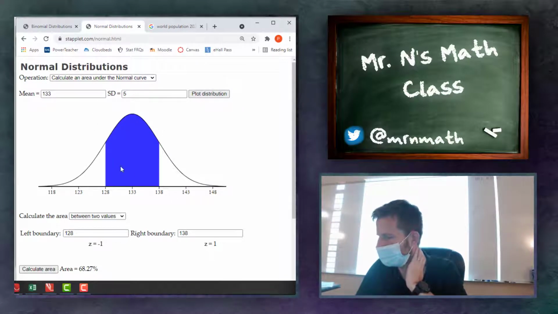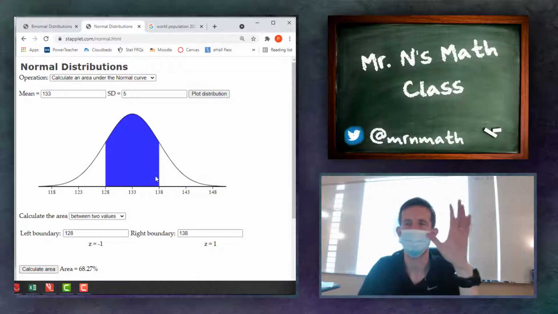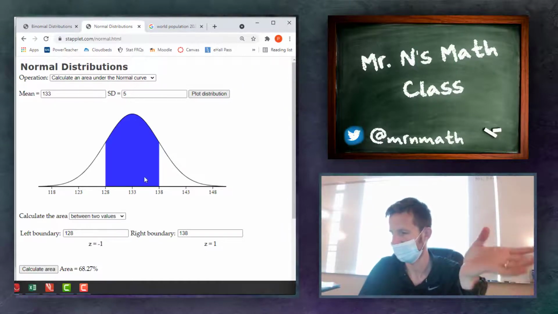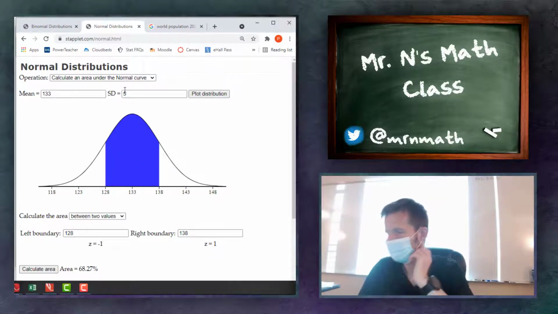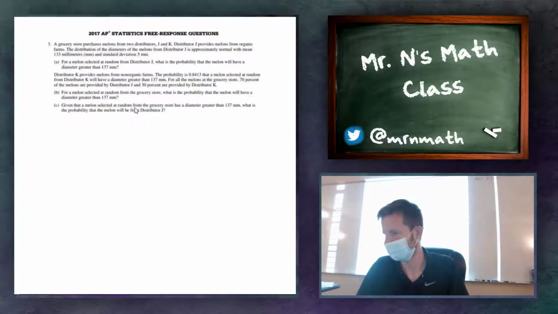And let's talk about how to find, if I want to know the bottom 10% of melons, the bottom 10% of melons weigh less than how much? On the TI Nspire, how would I do it? What's the menu on the TI Nspire?